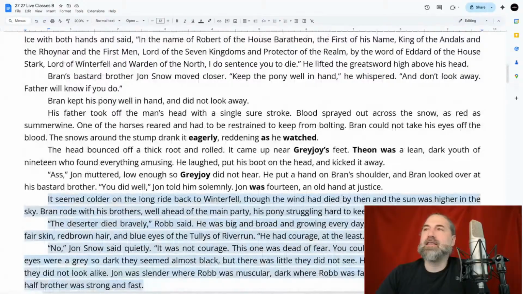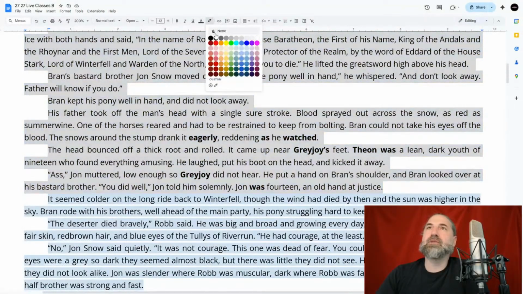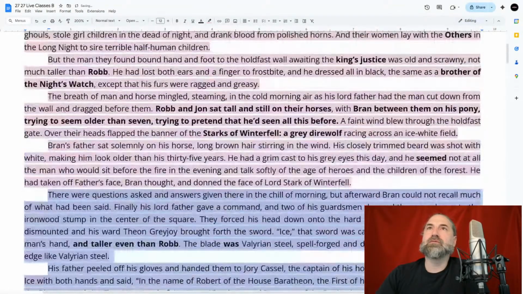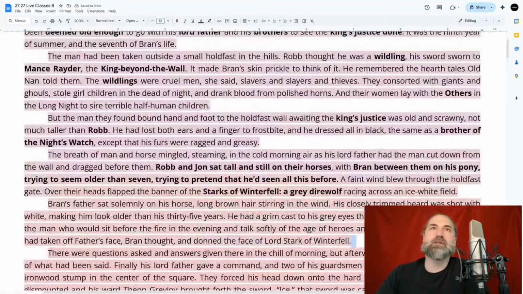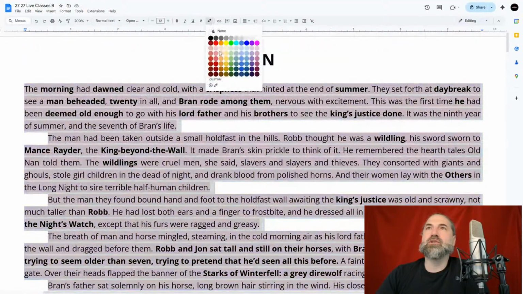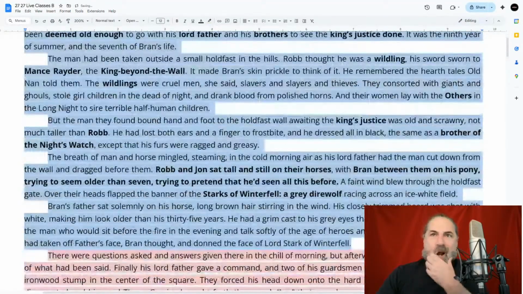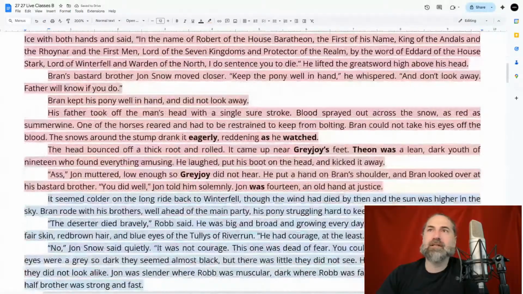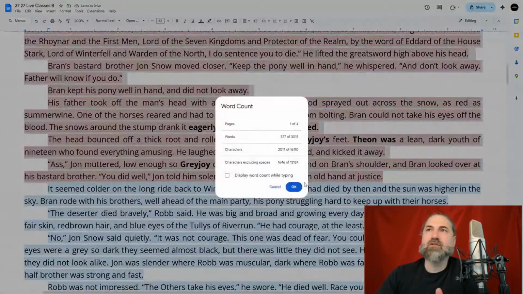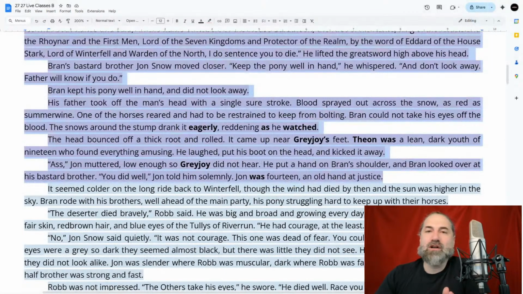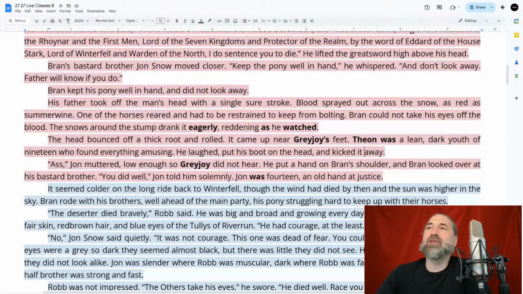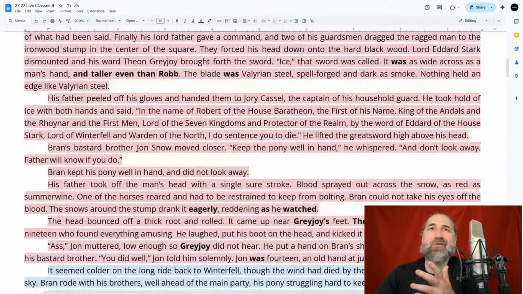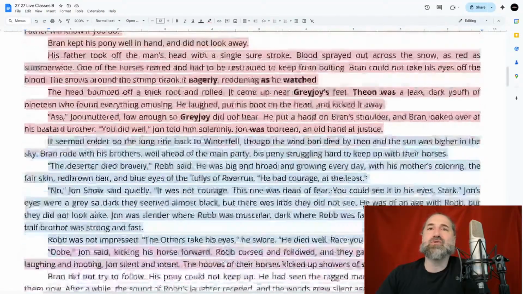All right, and then this is the conflict. Let's do this green because we're starting it. Green. All right. This is the conflict. So just to show you, sometimes 377 words. So the setup, 405 words. The conflict of the scene, 377 words. And then look at this resolution.